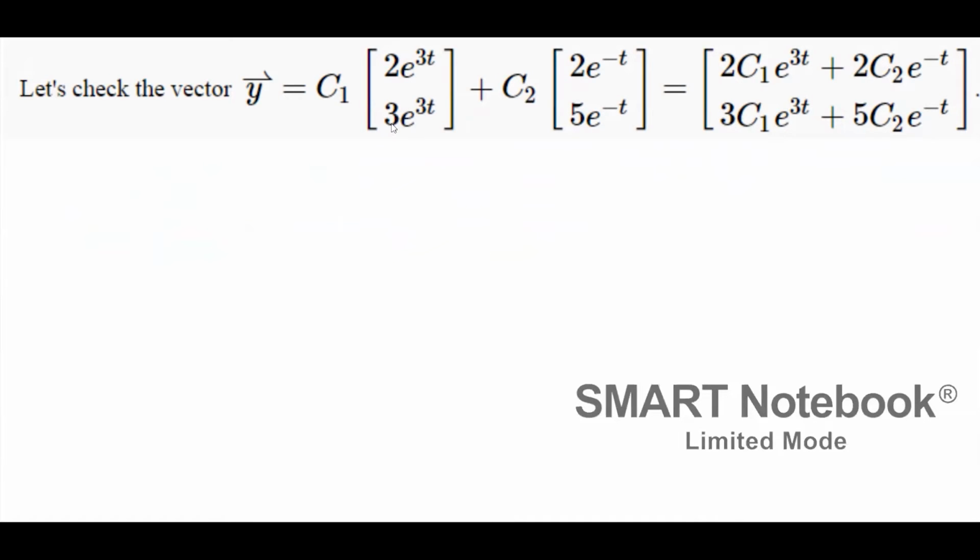We have 2 solutions, and we're going to check that property of superposition. If you remember that from earlier in the semester, is a linear combination of those 2 vectors also a solution? So I'm adding multiples of these 2 vectors together, and the constants, we're just going to call C1 and C2. Those could be anything. And when you add these together, you get this vector.